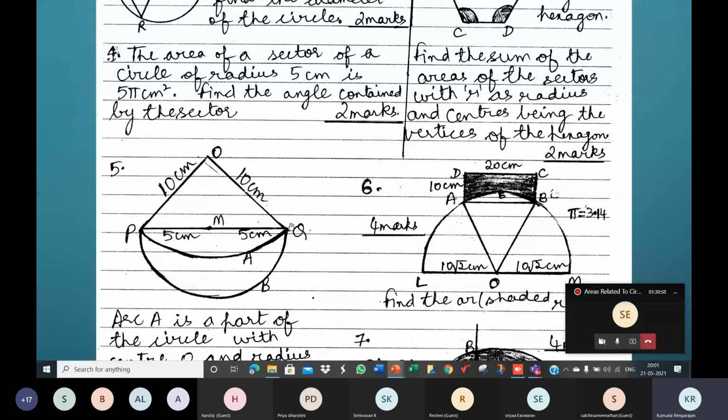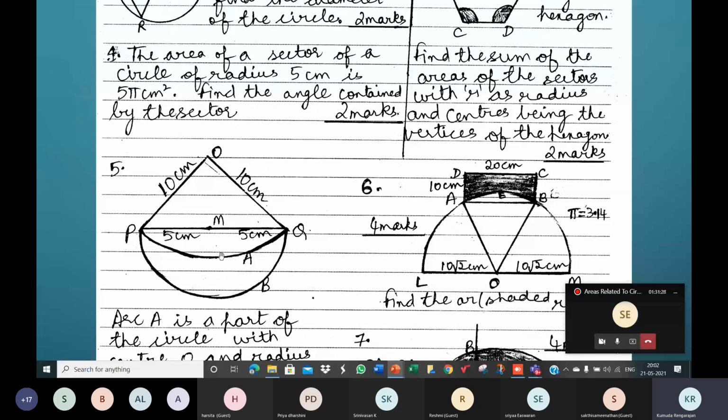Next, find the area of the semicircle. Now this one is a semicircle, because the center of arc B is M and MP is the radius. MQ is the radius, because P and Q are points on this arc B. So MQ and MP are the radius, which means this is a semicircle and this is a diameter.